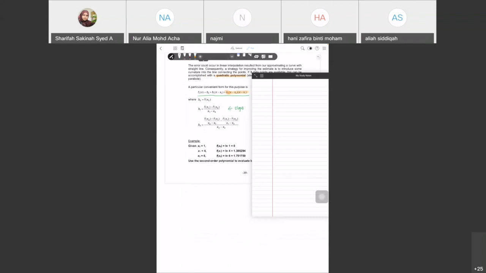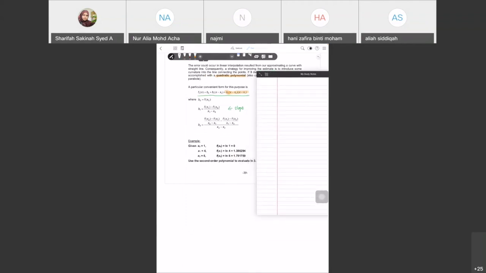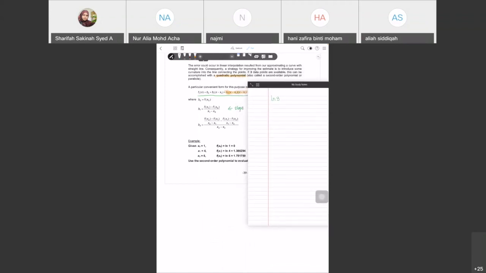So in order to find the value of ln 3 by using quadratic Newton interpolation, first of all, we have to write the formula, which is f2(x) equals b0 plus b1(x minus x0) plus b2(x minus x0)(x minus x1).